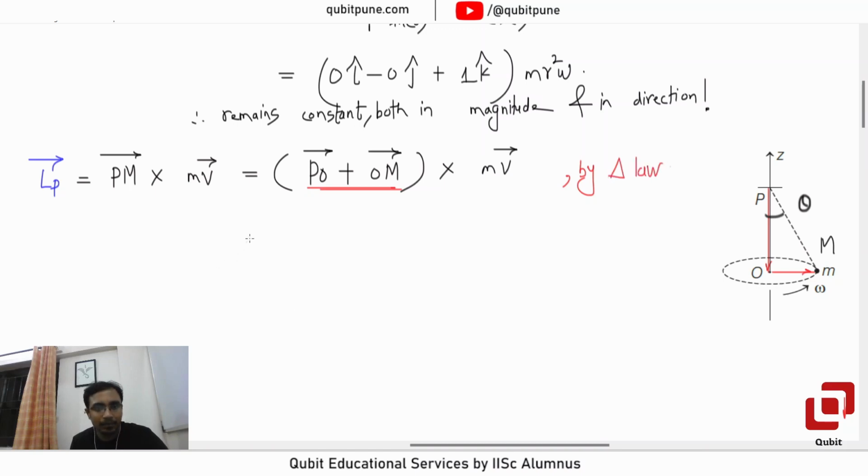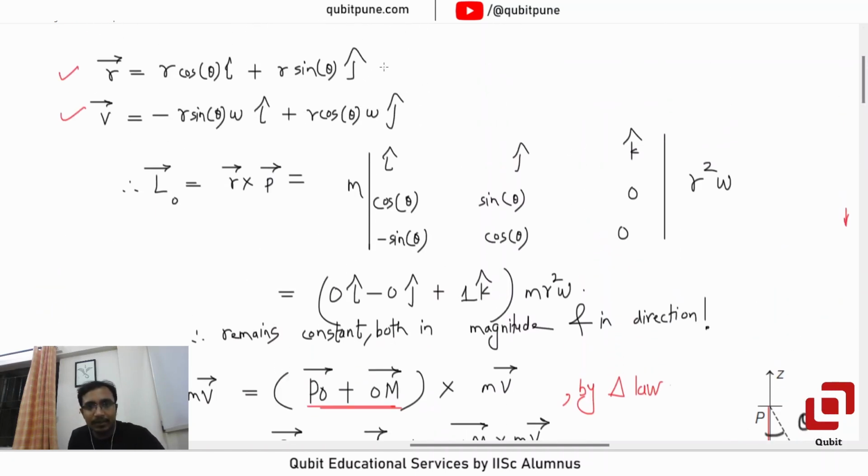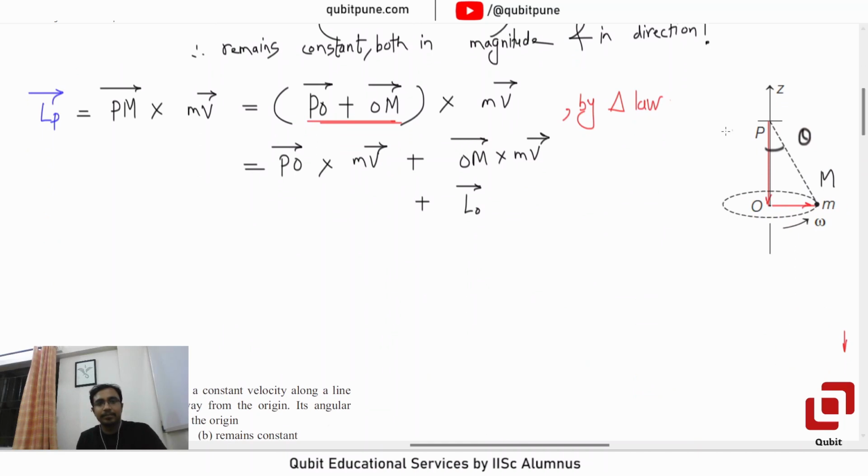That is PO bar cross MV bar plus OM bar cross MV bar. But what is OM bar cross MV bar? That is L_O bar, because OM bar is R bar, I'm writing this after we have named it M. So that is constant. Now let us assume that this length is, let's say, small l.